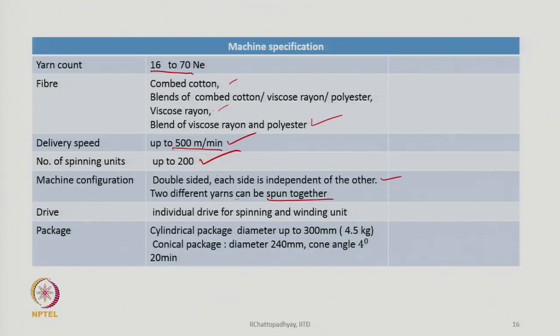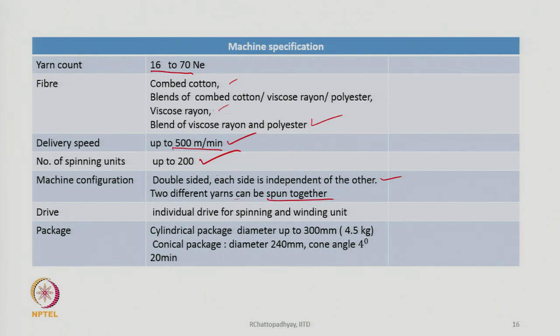That is, two different yarns can be spun simultaneously on two sides of the machine. So, the parameters can be adjusted independent of each side. One side can run at a slower speed, the other side at a different speed. Depending upon the fiber length, we can adjust the setting of the drafting rollers. Air jet pressures can also be individually controlled.